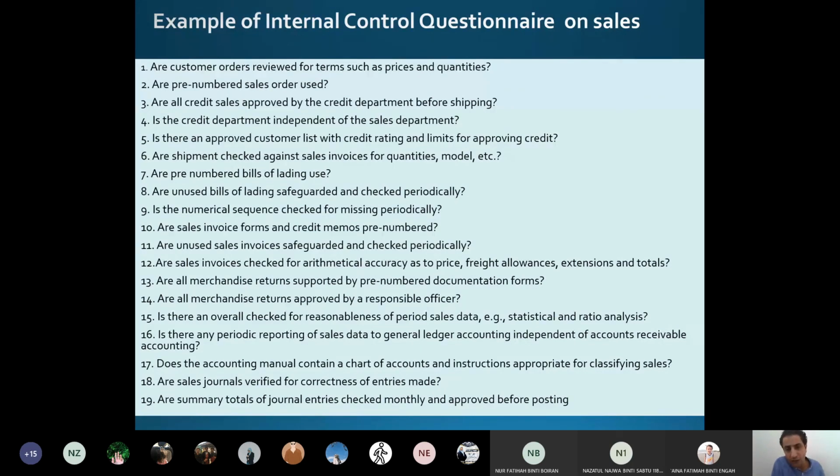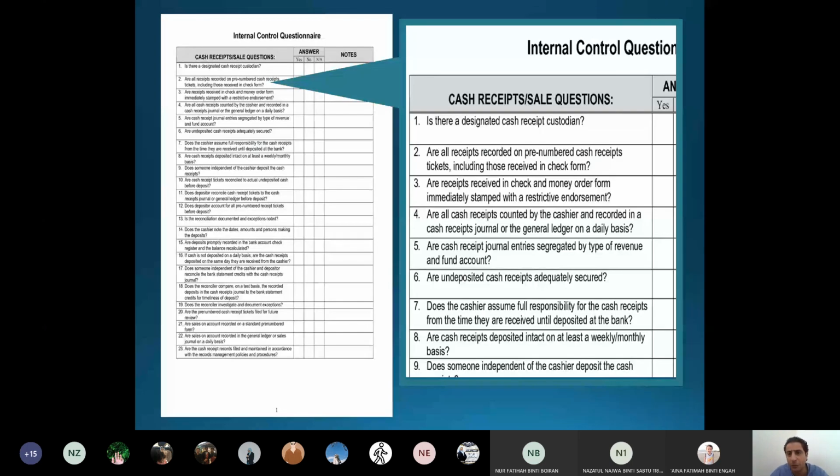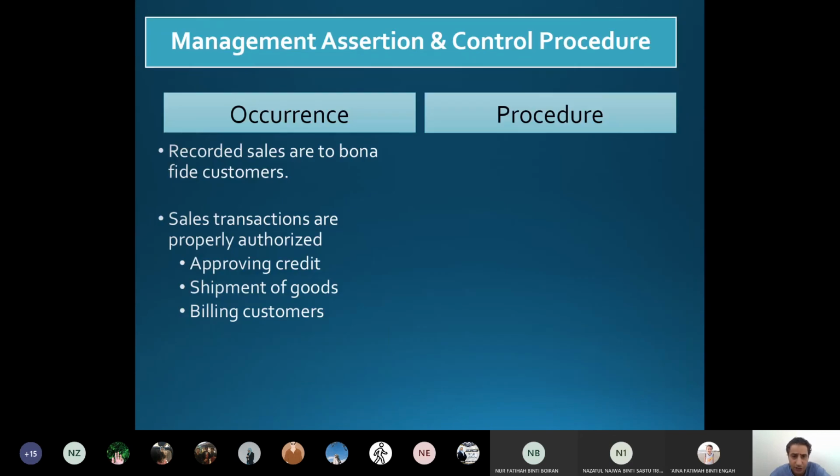The approval process also, we try to check the approval and authorization process, the segregation process, and then the review and internal check. Okay, that's mainly about what questions we normally include in the questionnaire to test the internal control related to the sales revenue and cash received.